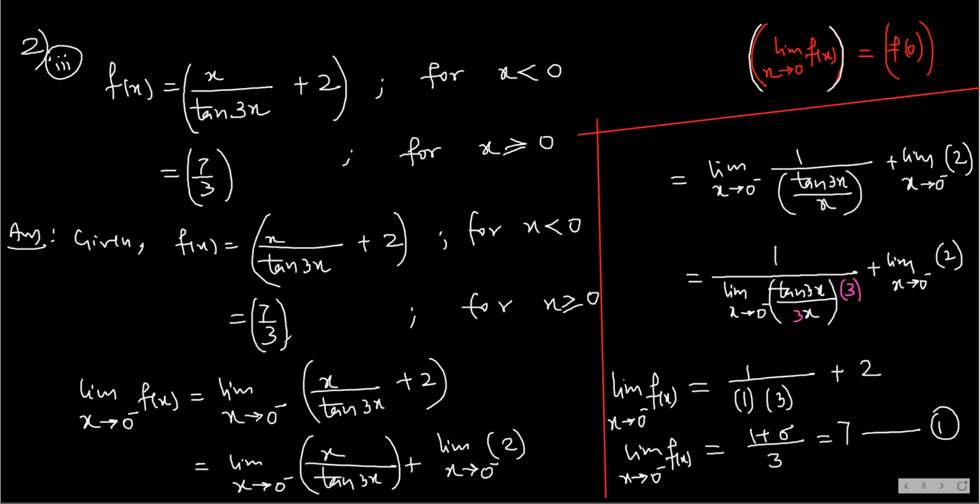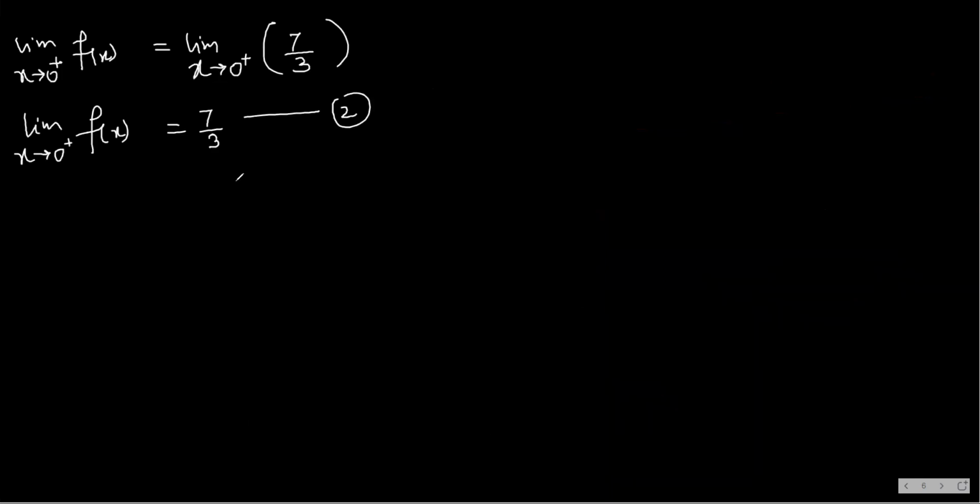See, this is a constant function 7 by 3. There is no x in this. It will remain what it is. So here I write, therefore, limit f of x, x tends to 0 negative is equal to limit f of x, x tends to 0 positive. And both are equal to 7 by 3.